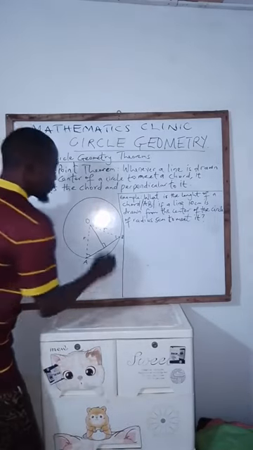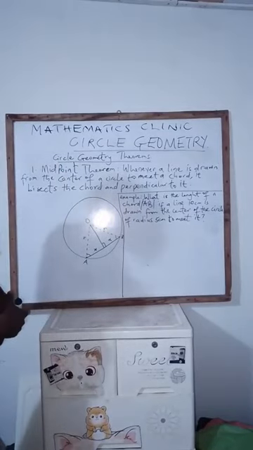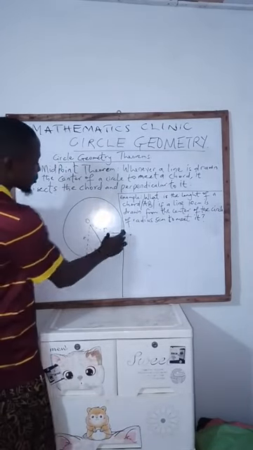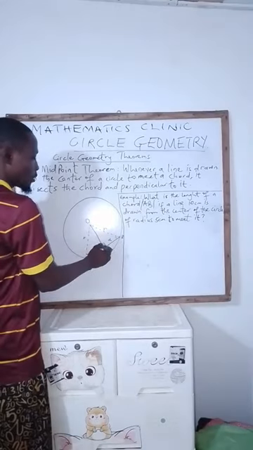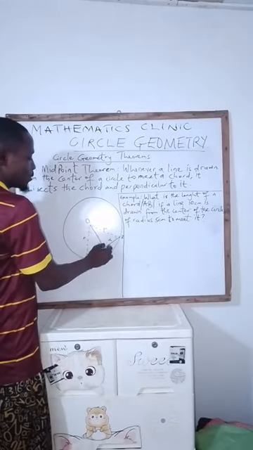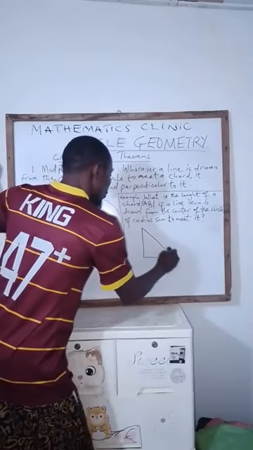Meaning, if we say here is X, here will also be X. So if you draw out that small triangle O, let's call this N, triangle ONB. What type of triangle does it form? It automatically forms a right angled triangle.